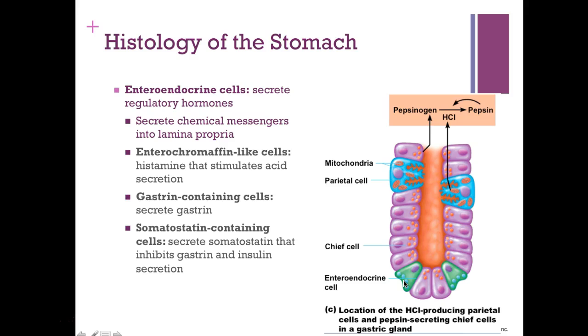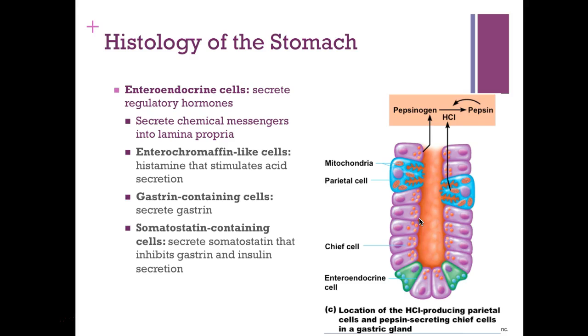This has to do with regulatory hormones that it secretes, and that'll secrete it right into the lamina propria that should be right in this region over here. And we have our enterochromaffin-like cells that will release histamine and stimulate acid secretion.